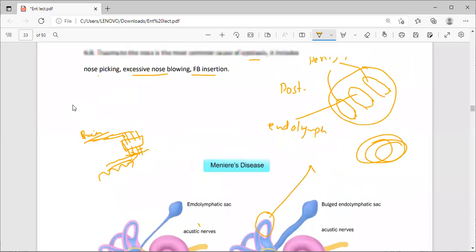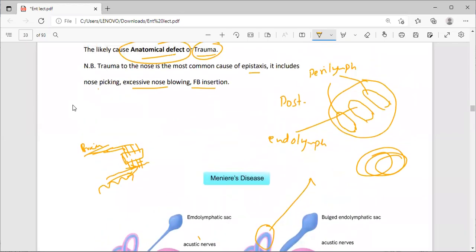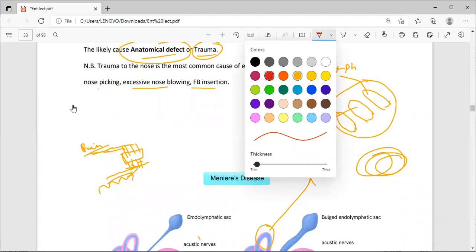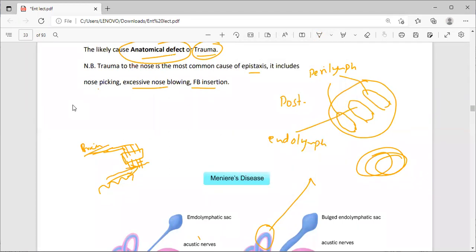The one in the middle is called endolymph, and the other two are called perilymph. So there will be increased endolymph. Suppose you come across a pathology where, due to some reason, you produce an excessive amount of endolymph.